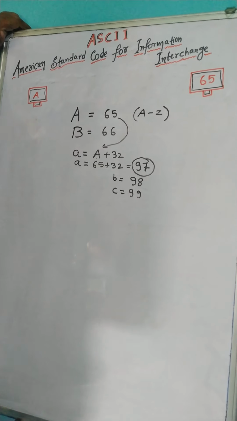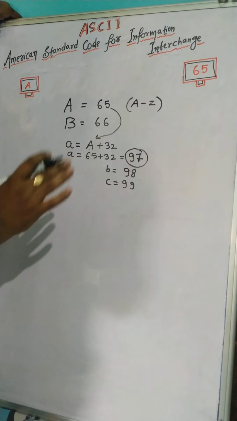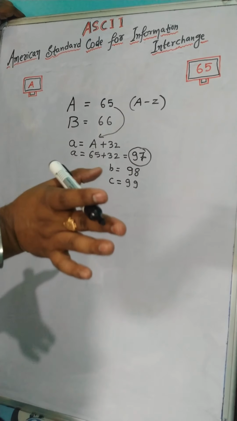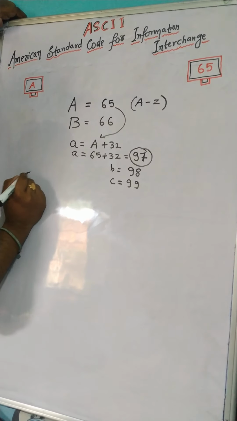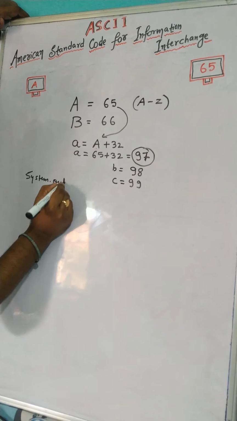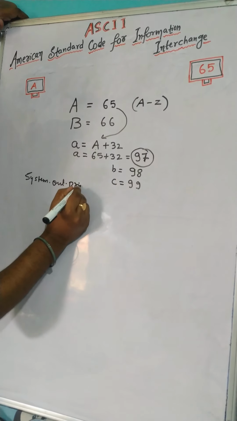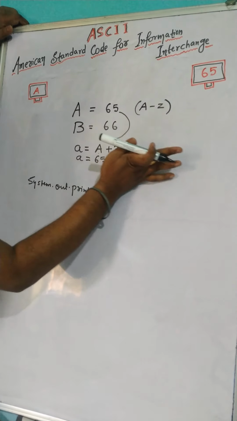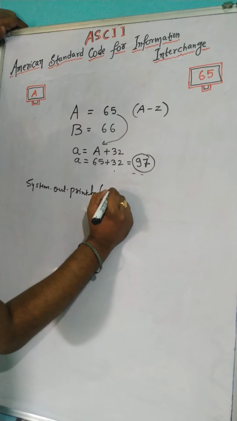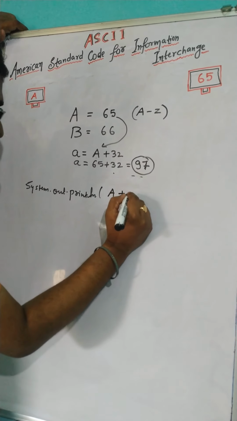Correct? Now we are going to discuss one of the questions which already came in the board exam 2010 and 2013. Now see here, System.out.println, and I am writing here 'A' + 25.